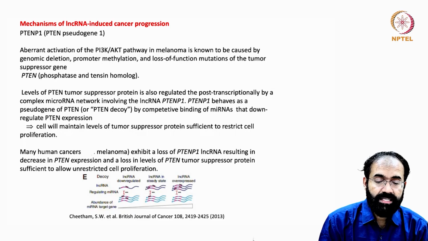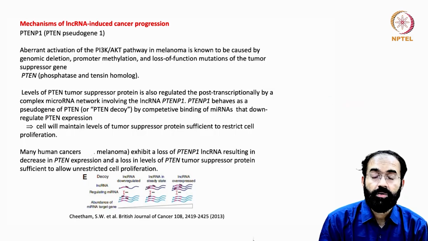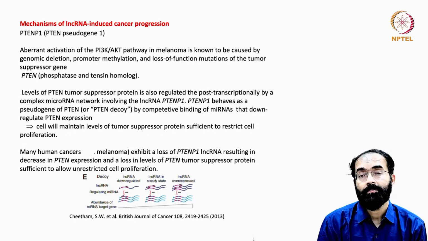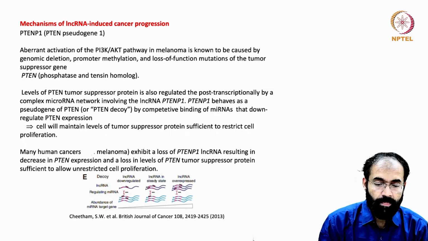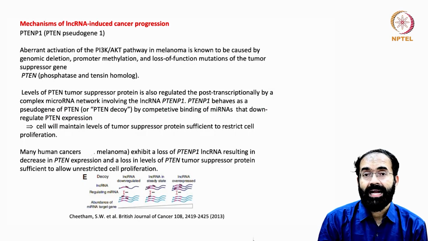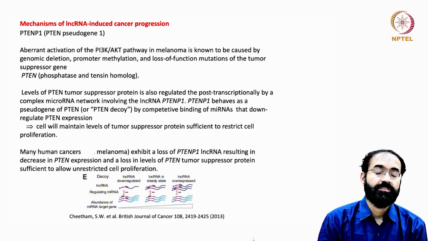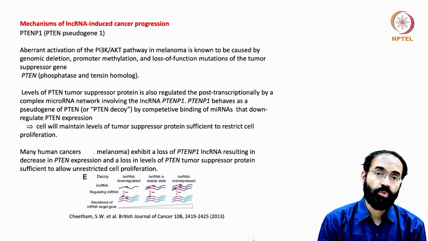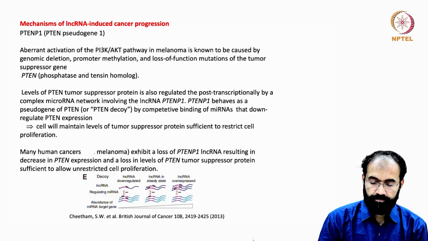When the RNA levels change based on the cancerous condition, the mRNA target gene, PTEN, which is the tumor suppressor, also gets affected. So the decoy and the actual gene have a strong interrelationship, which will be affected very badly in the case of melanoma cells, influencing the PTEN levels through PTENP1.